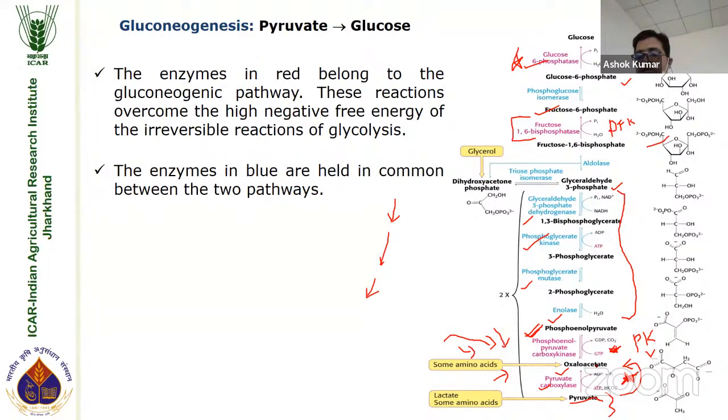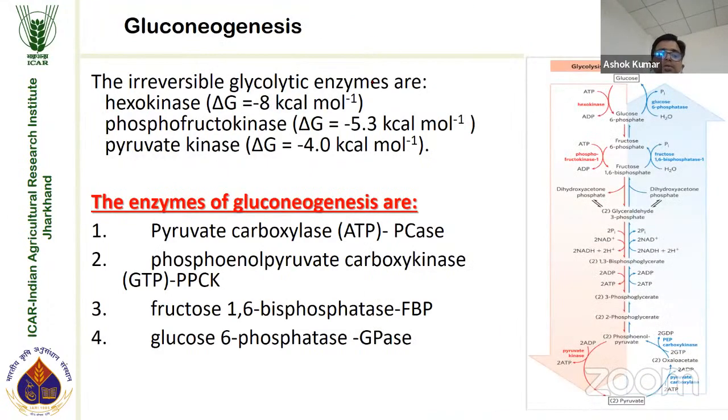Basically these enzymes are membrane bound: phosphoenol pyruvate carboxykinase and pyruvate carboxylase. Carboxylase is a carboxylation reaction where we add carbon dioxide to an intermediate. So gluconeogenesis basically has these 4 unique enzymes.